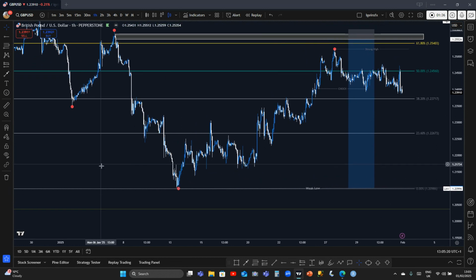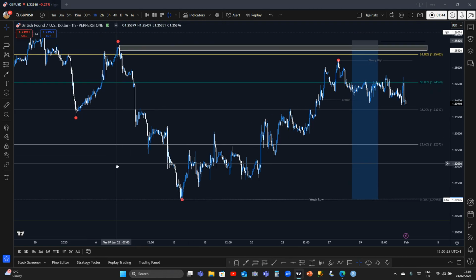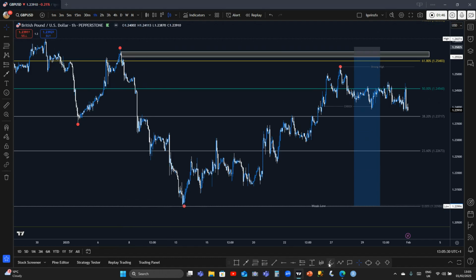On the 13th of January, price broke structure. All right. Price action broke structure. It created a low. All right. I want us to follow so that we'll all be on the same page.